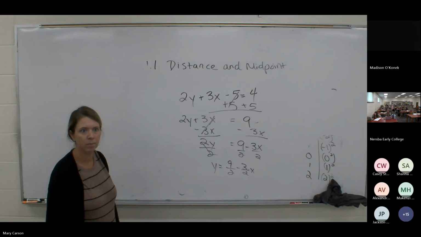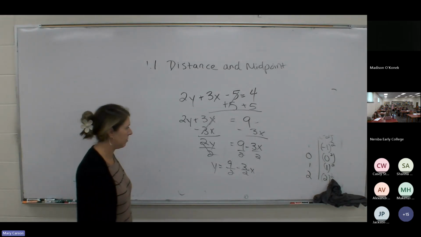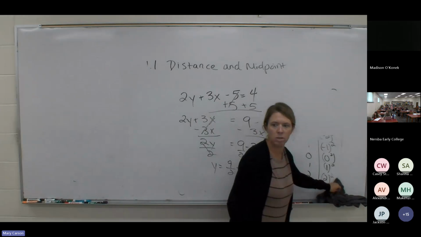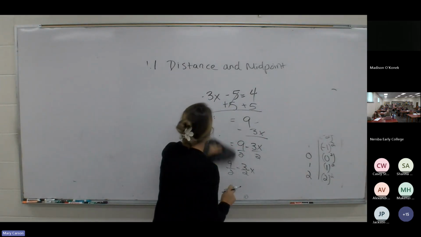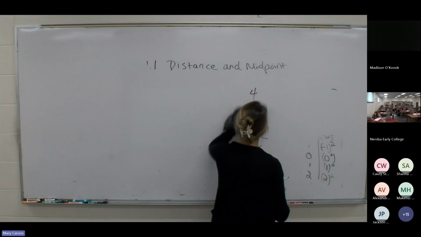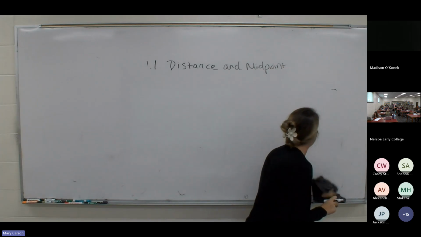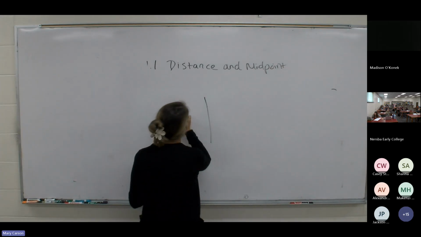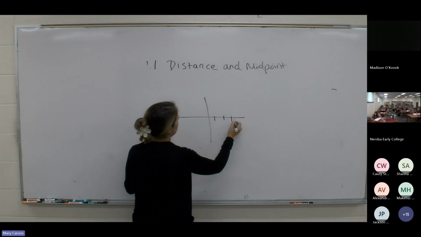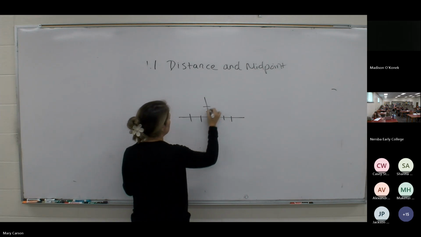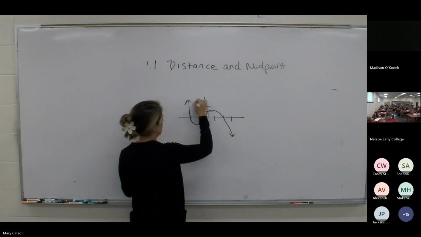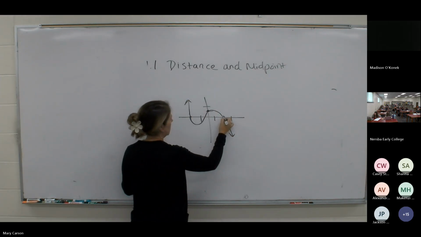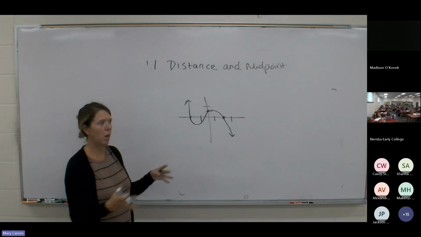Okay. All right, so the last thing, I've got about 6 minutes, is picking out the x-intercept and the y-intercept of a graph. So let's say I gave you guys a graph, and okay, it's a polynomial of some kind.